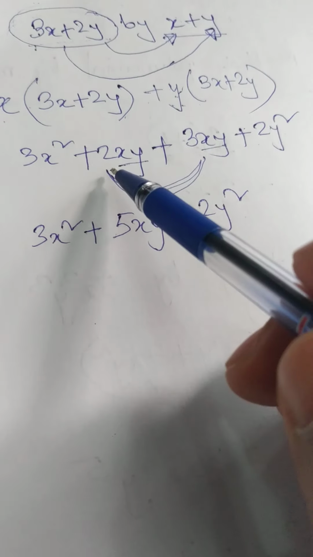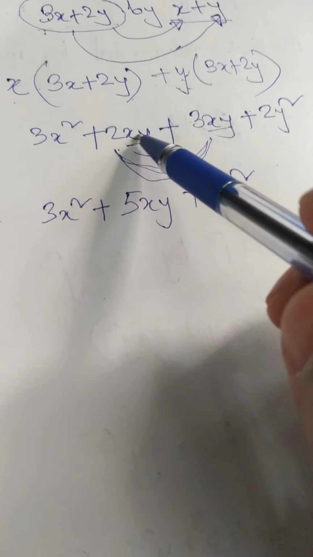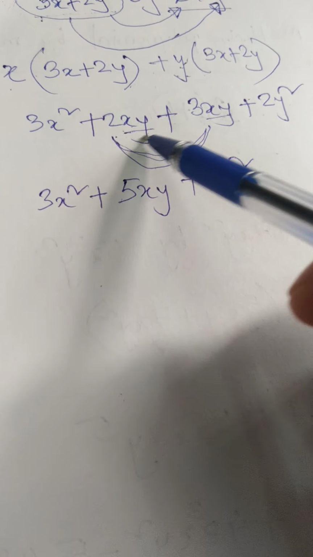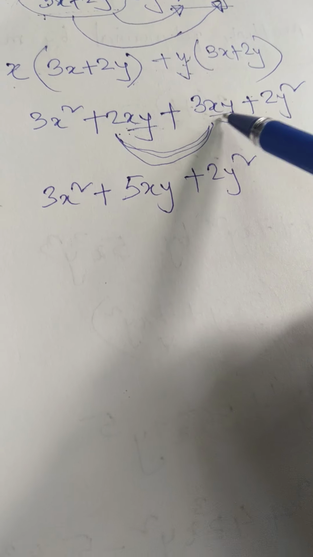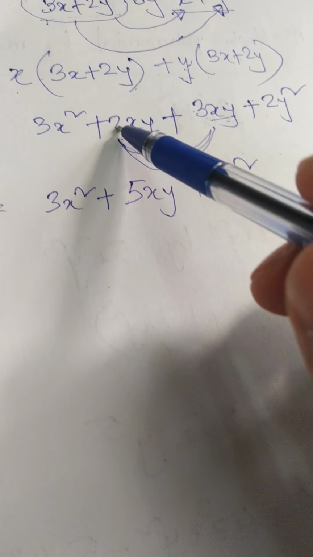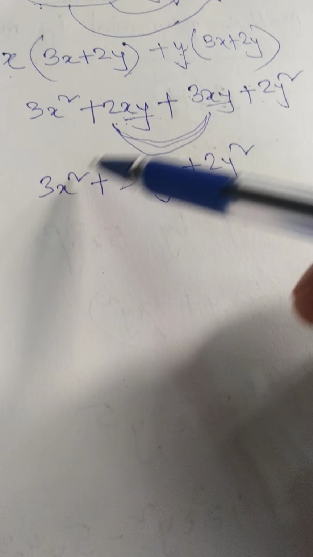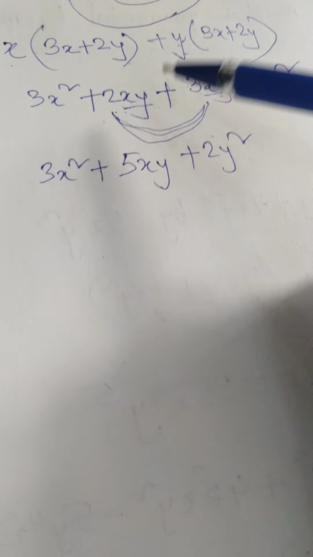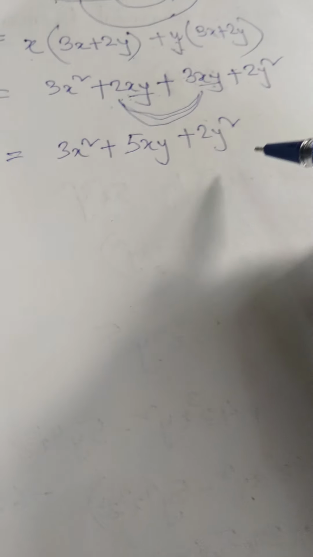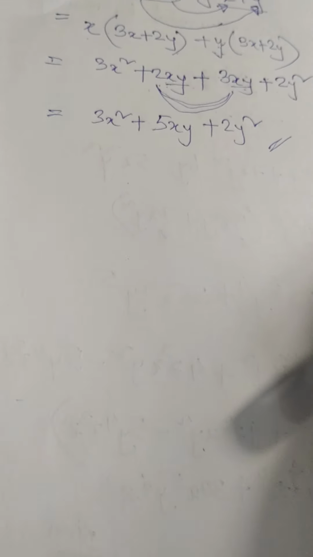So whenever you see two algebraic terms with the same type of variables, you need to add them up, or you need to subtract them if you have a minus sign. Okay, so this is your answer.